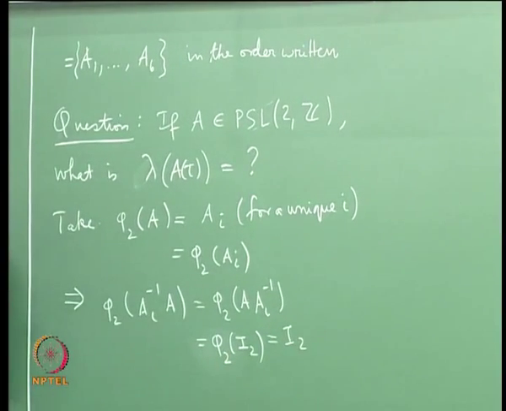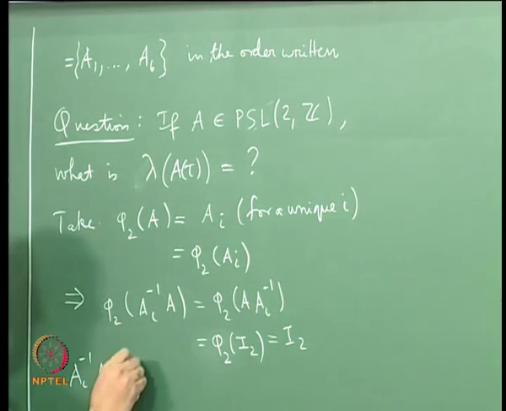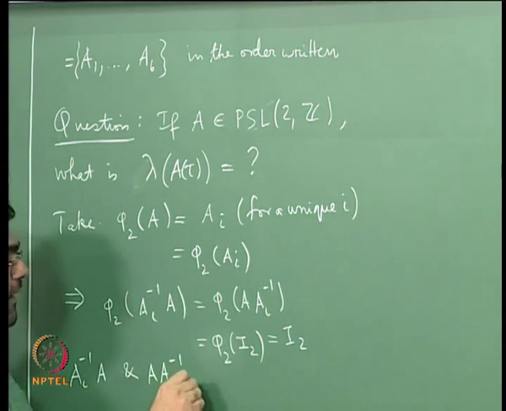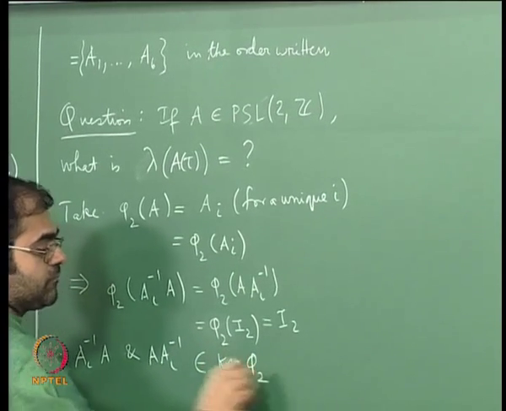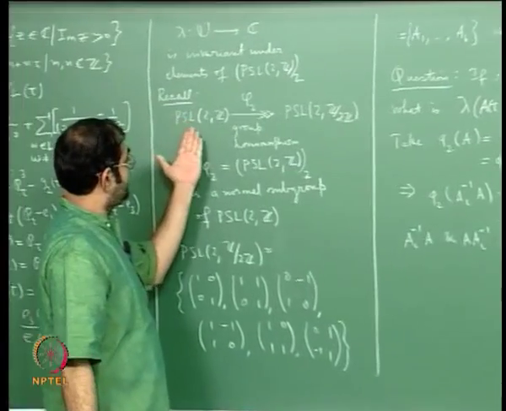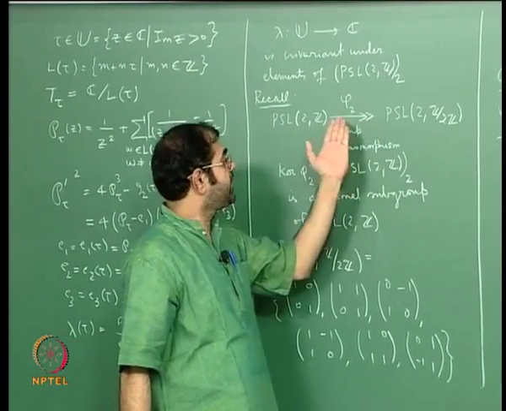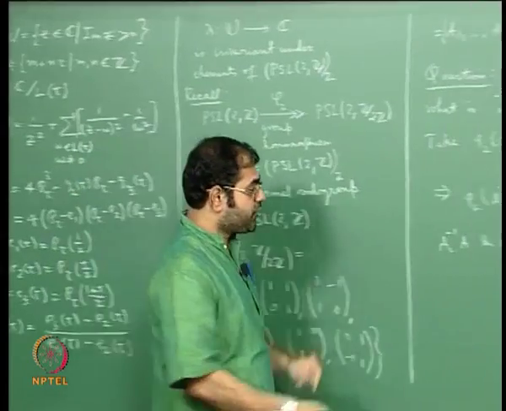And what this therefore tells you is that AI inverse A and AI inverse both belong to the kernel of phi2, because they are mapped by phi2 onto the identity, and the elements that go to identity are precisely the kernel of phi2, and that is the congruence mod 2 subgroup.